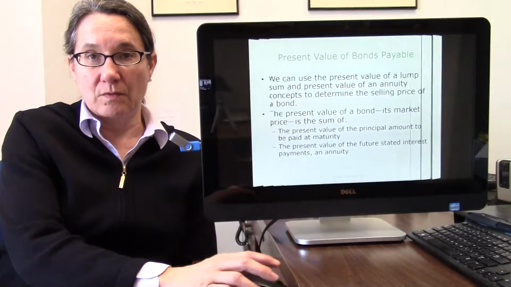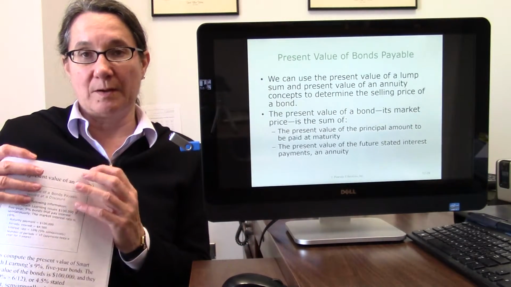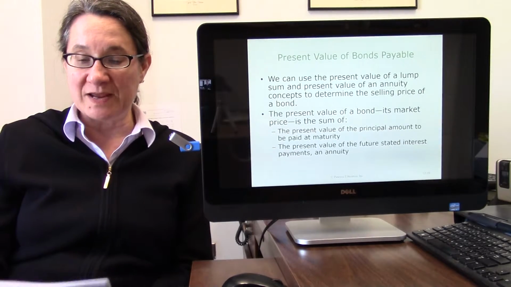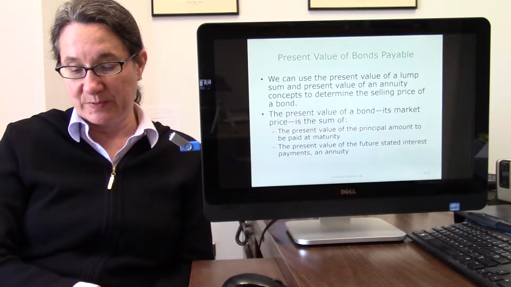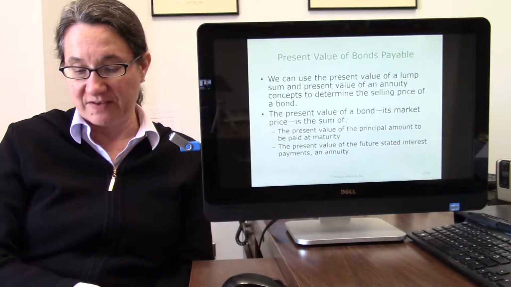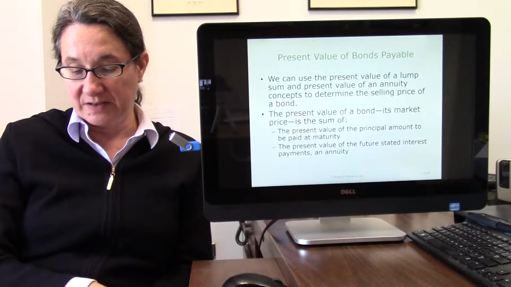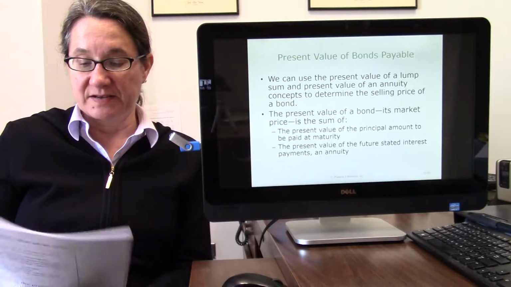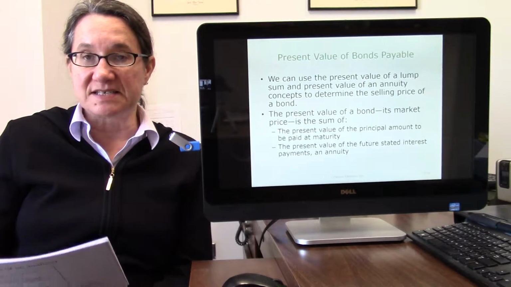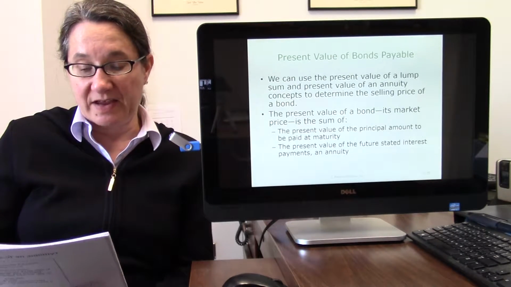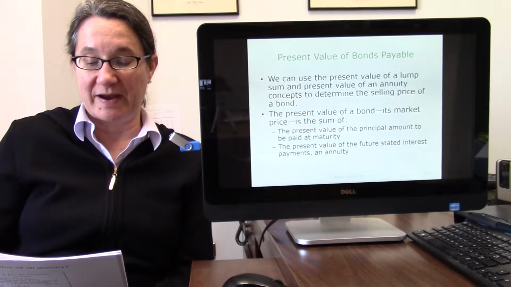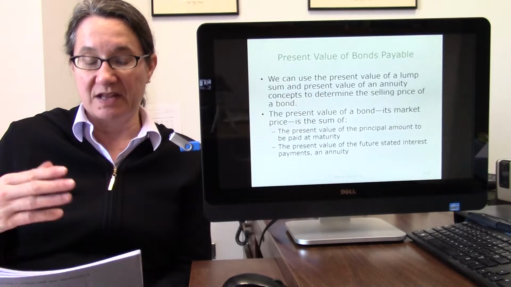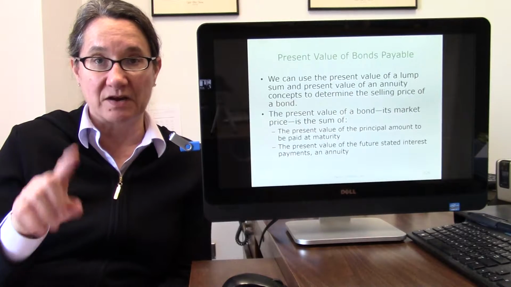So what does that mean? Well, we can use what we have just learned about the present value of a lump sum and present value of an annuity to calculate the present value of bonds payable. The present value of a bond, its market price, is the sum of the present value of the principal to be paid at maturity, a single amount, a lump sum, so present value of $1.